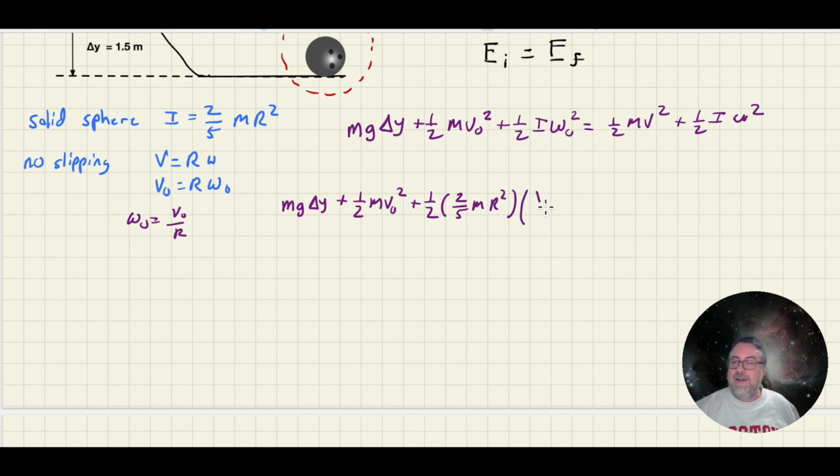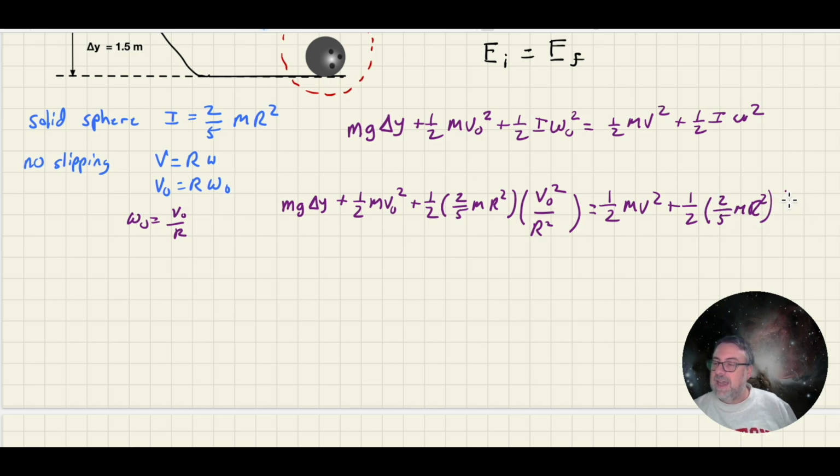So what that becomes is v naught squared over r squared. On the other side, I have 1/2 mv squared plus 1/2, again, 2/5 mr squared times, again, making the same substitution. This is going to be the final velocity squared divided by r squared. And you can already see that there is a tremendous amount of cancellations about to happen.